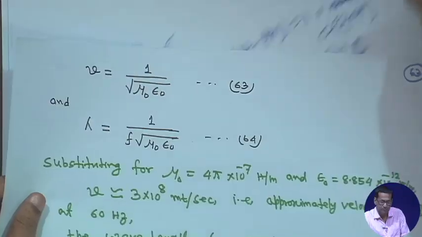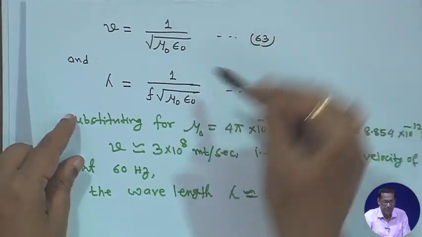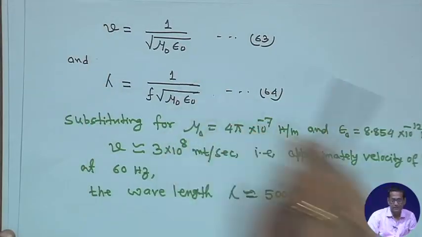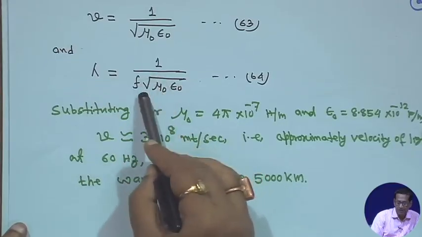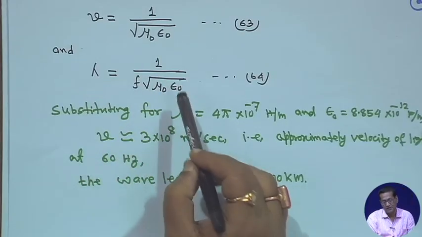If you do so, then V will become 1 upon root over mu 0 epsilon 0 and lambda will become 1 upon f root over mu 0 epsilon 0.